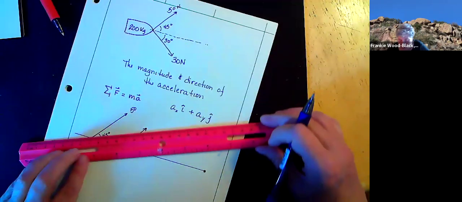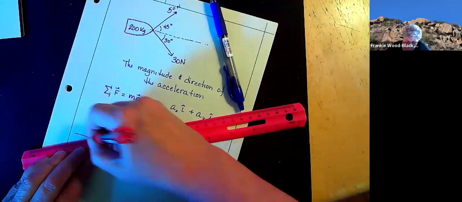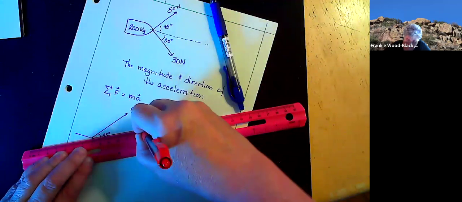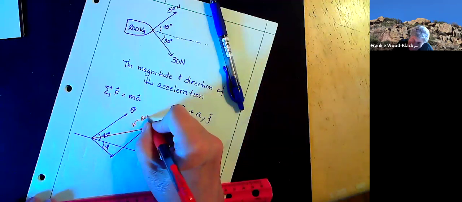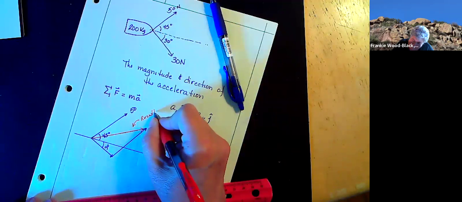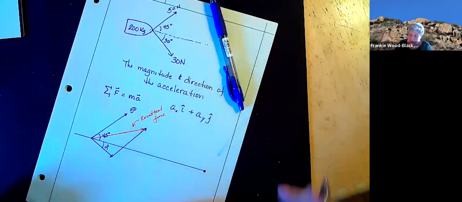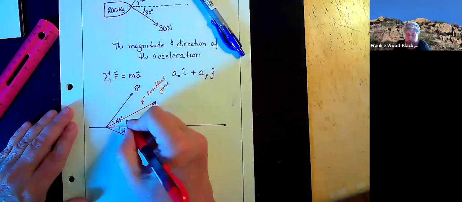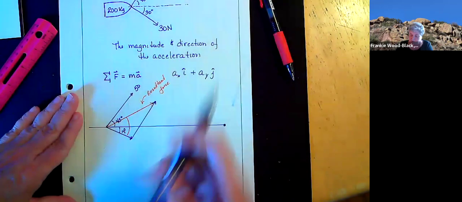Here's my resultant force that I've added graphically. We could actually measure that if we had our protractor, but I don't have my protractor, but I can do this a couple of ways.